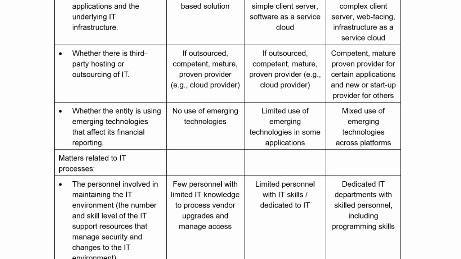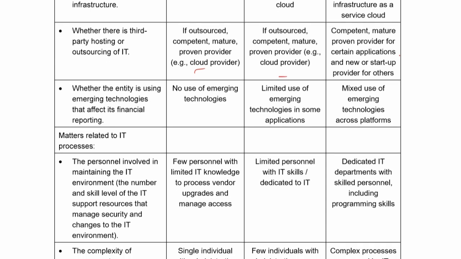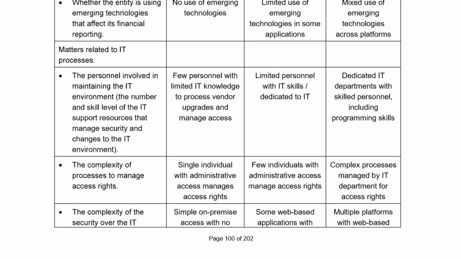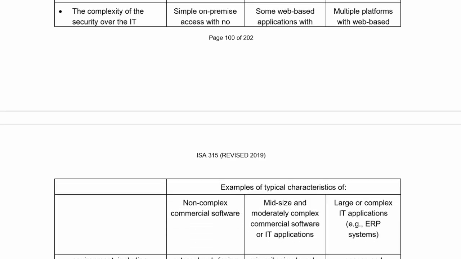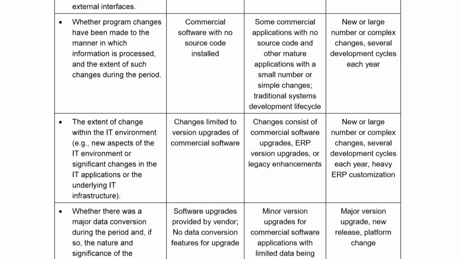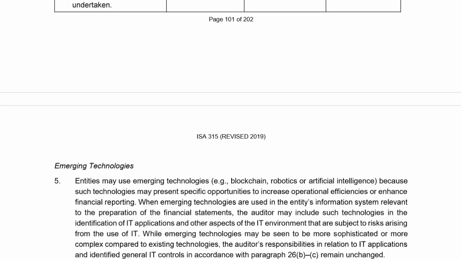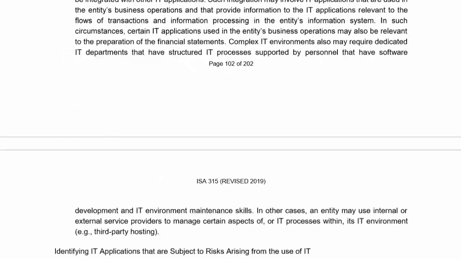Okay, whether third parties are involved, you could outsource, but in a very complex one, you probably have your whole IT department within the business who's going to manage and ensure that it runs effectively. Okay, so here you might have a few IT personnel, and in here you'll have loads of IT personnel. So just some examples to give you an idea of the different type of systems.